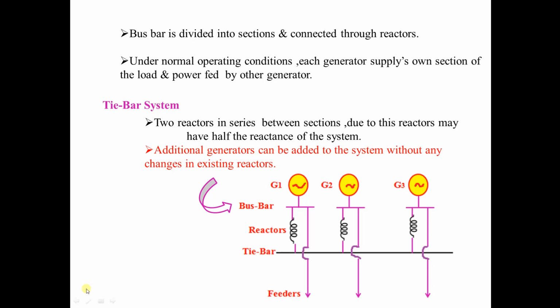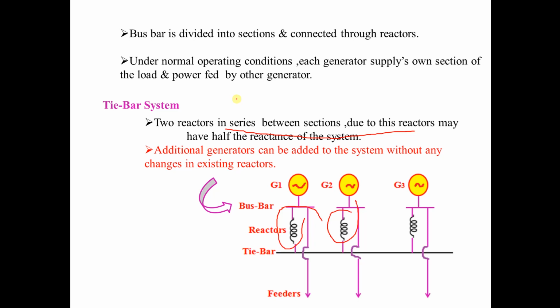So in the tie bar system, two reactors are in series between the sections, and each may have half of the reactance of the system. And here the reactance is comparable to the ring system.